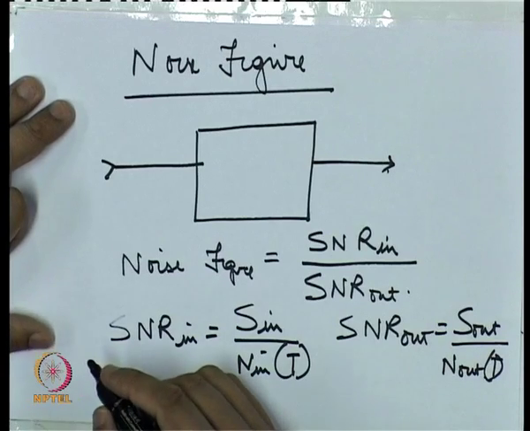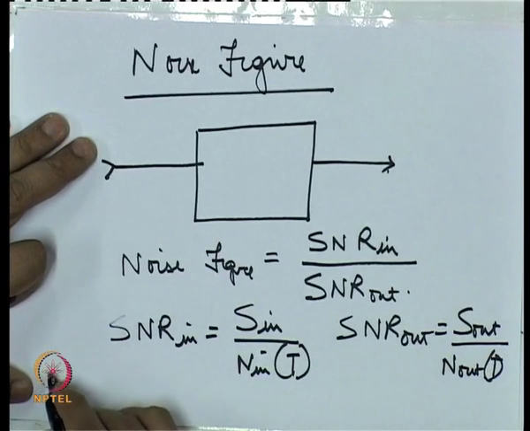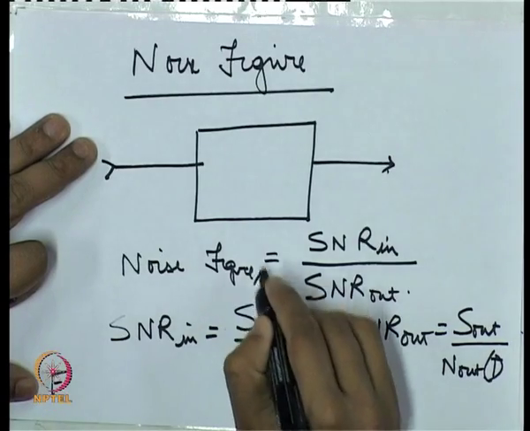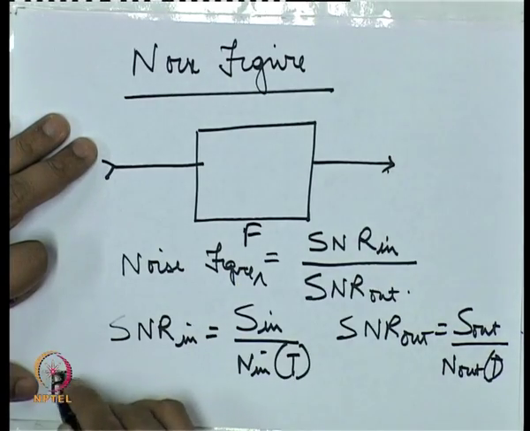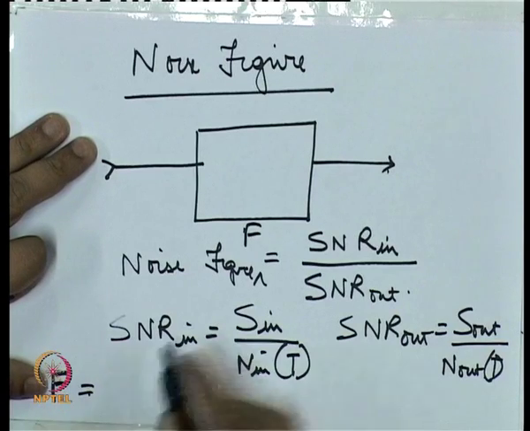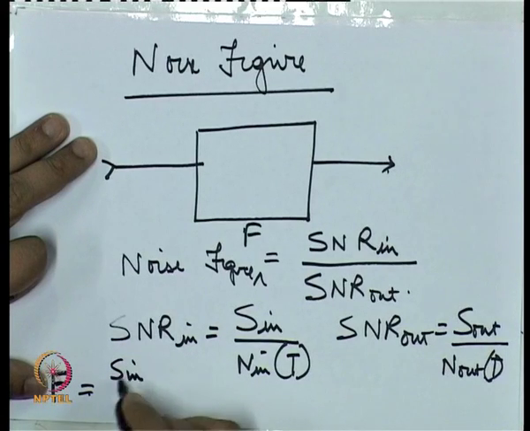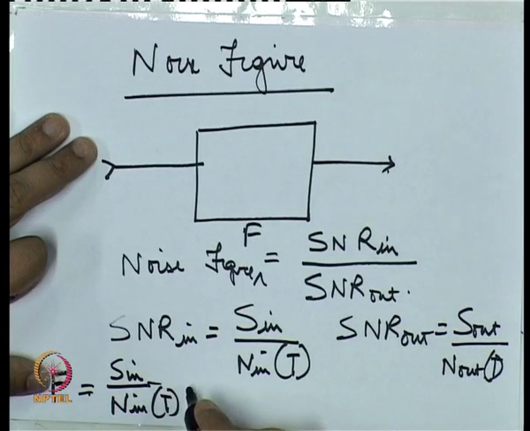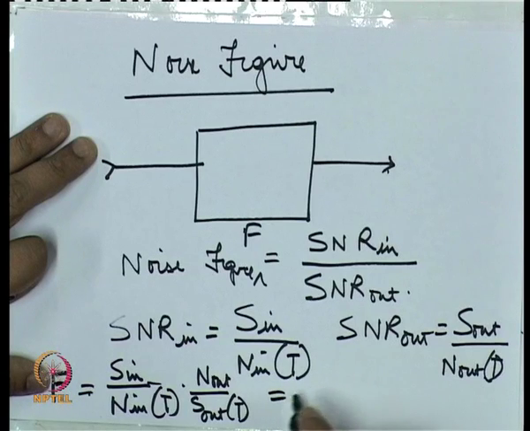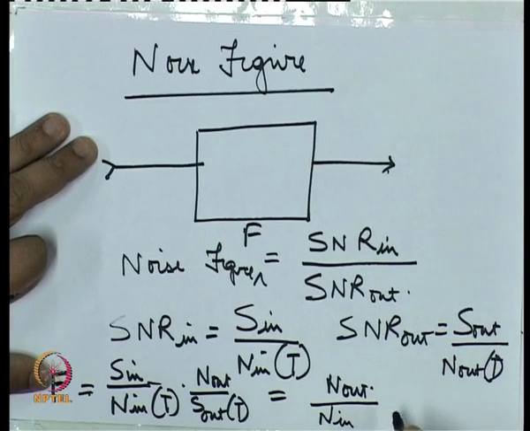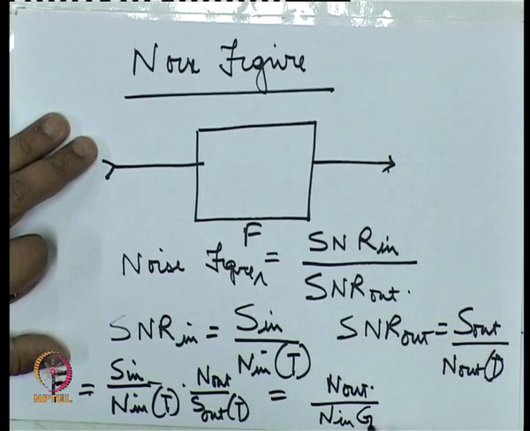So this noise figure F(T) is given as SNR in upon SNR out, which I can write as S in upon N in as a function of T multiplied by N out over S out as a function of T. This is equal to N out over N in, now removing the T term, upon GA.